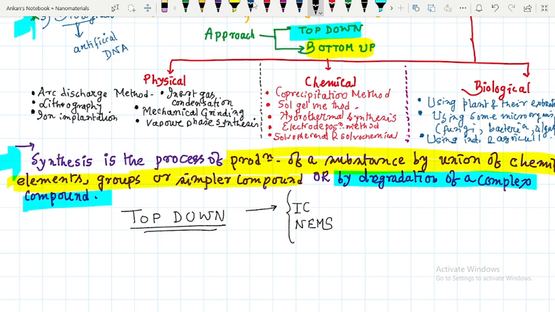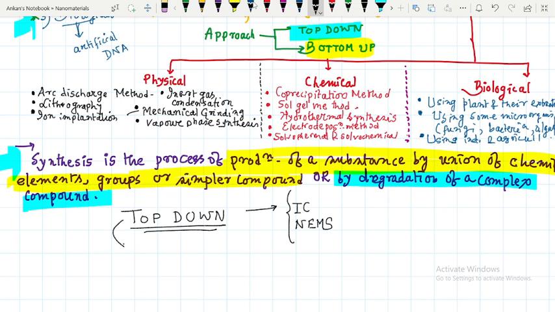These two can be prepared effectively by the top down techniques, and the basic principle of this approach, that I have already told you, is to break the large grain size bulk materials into smaller ones by the use of physical processes like grinding, mixing and milling, crushing.